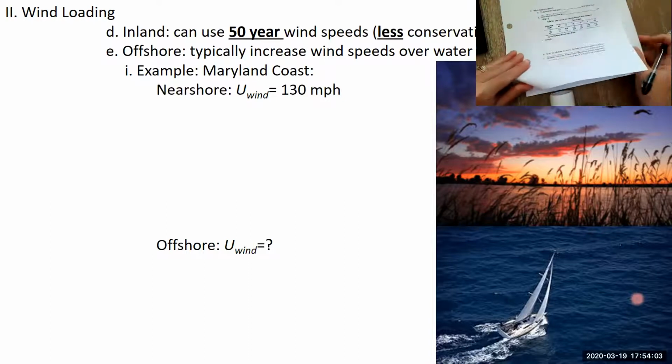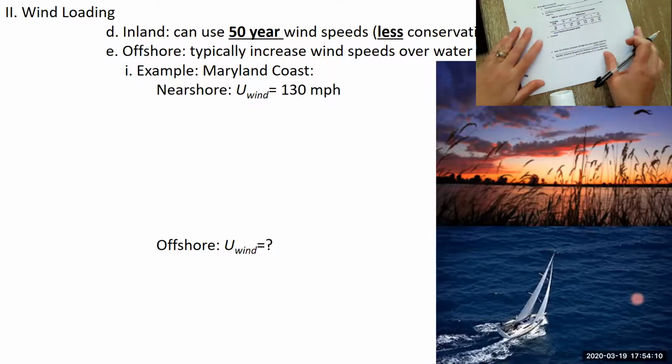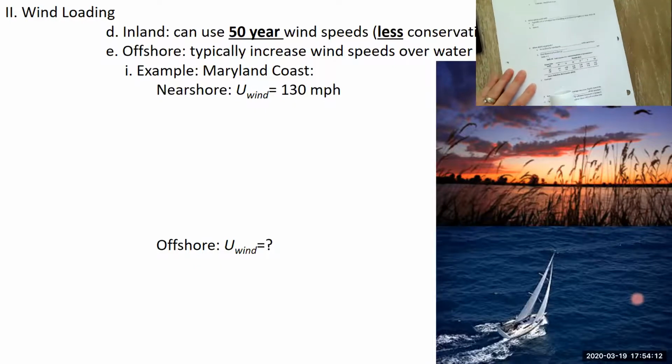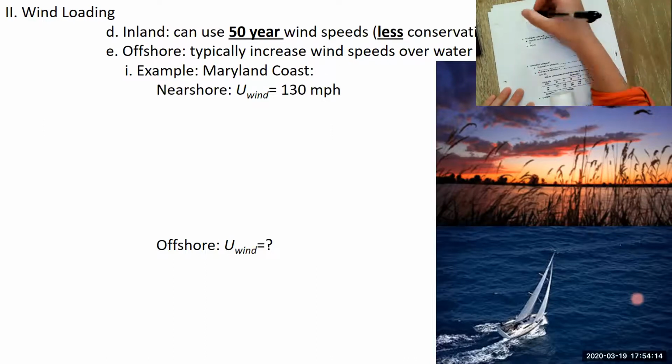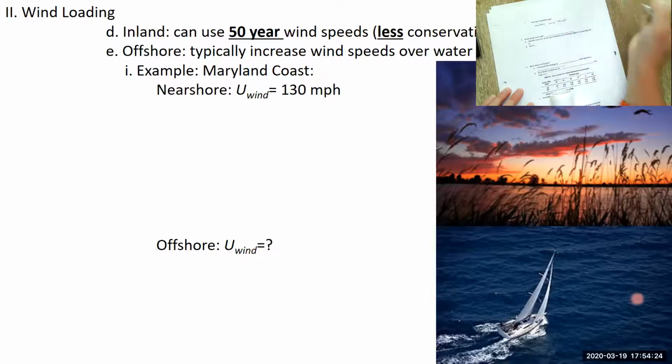So let's go ahead and do an example for the Maryland coast. So again, if I look at my figure 3.2, we have in the near shore our wind velocity, U wind, is equal to 130 miles per hour.